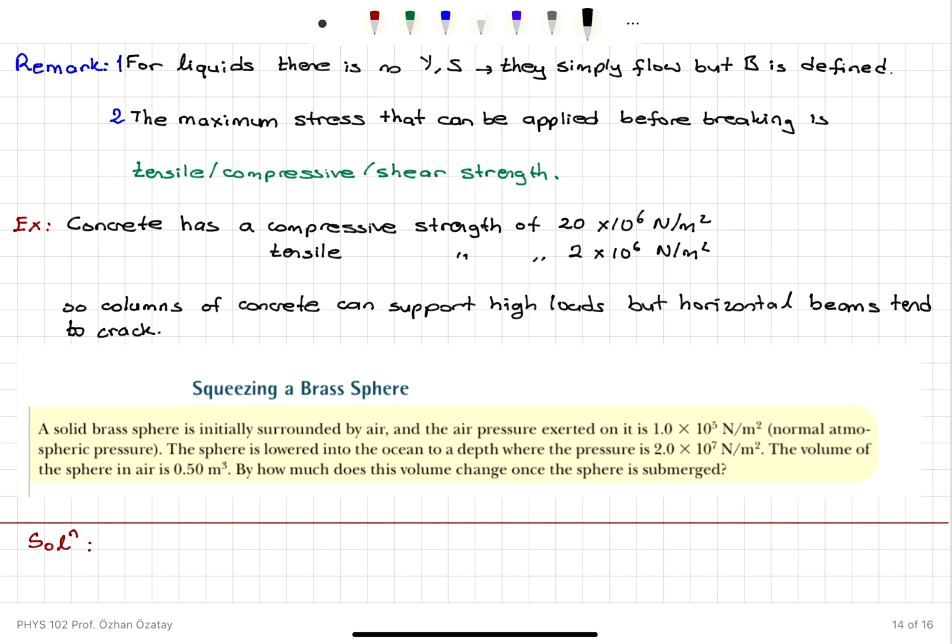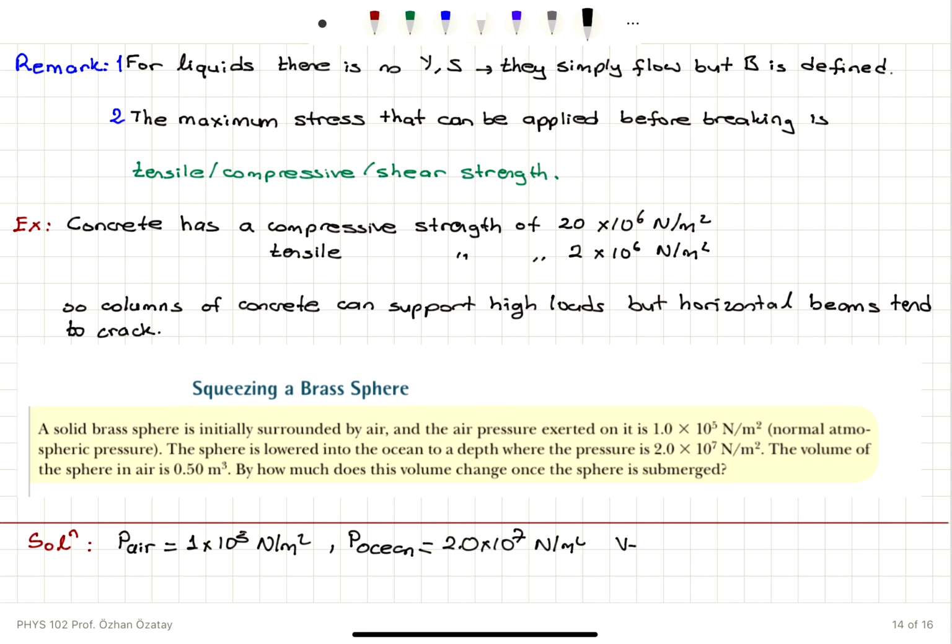So, the pressure in the air we know to be 1 times 10 to 5 newtons per meter square, or 1 times 10 to 5 pascals. The pressure in the ocean is 2.0 times 10 to 7 newtons per meter square.